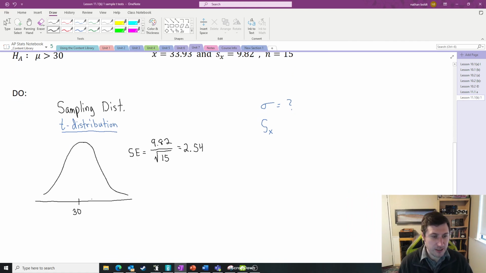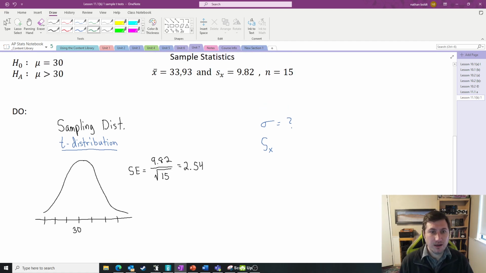And so that is our standard deviation that we would add and subtract here, right? Now, our sample that we got was 33.93. So what's the probability of getting a sample like that? Well, 33.93 is right here-ish somewhere maybe. And so we would want this area.